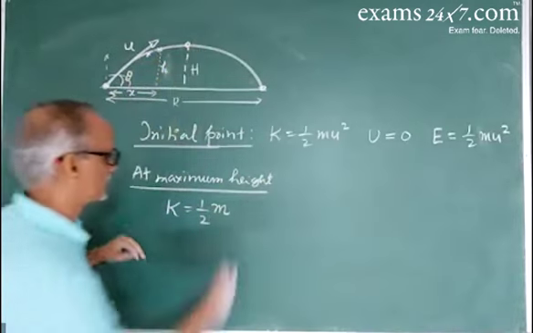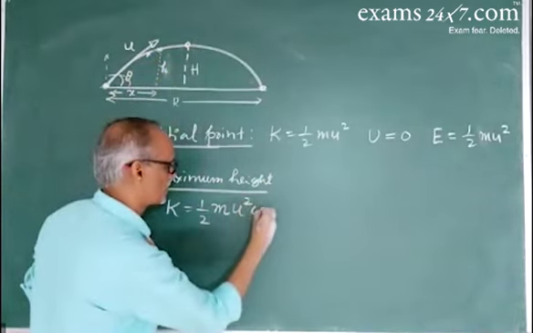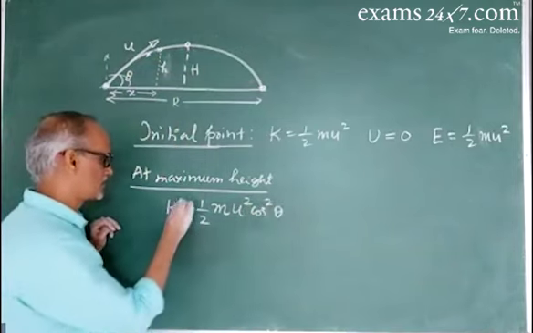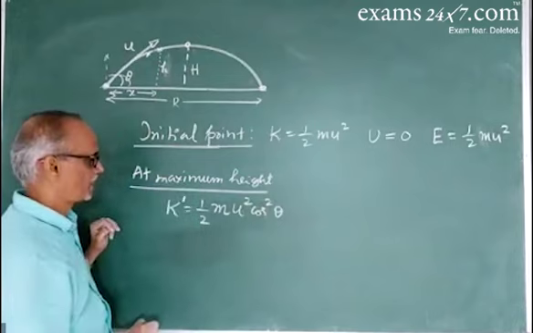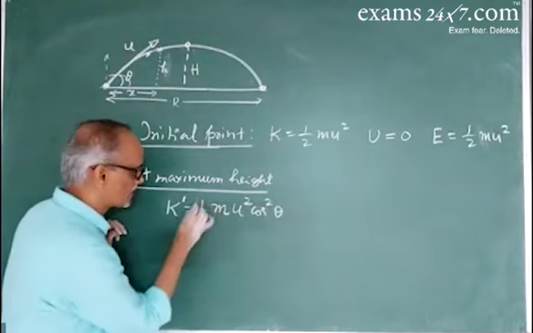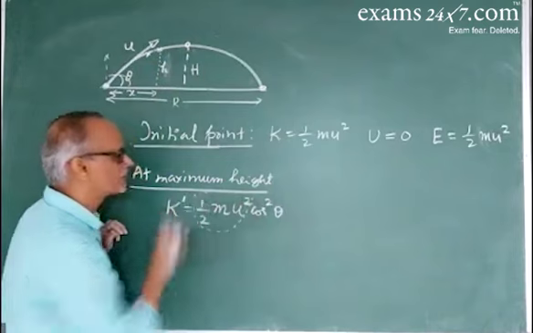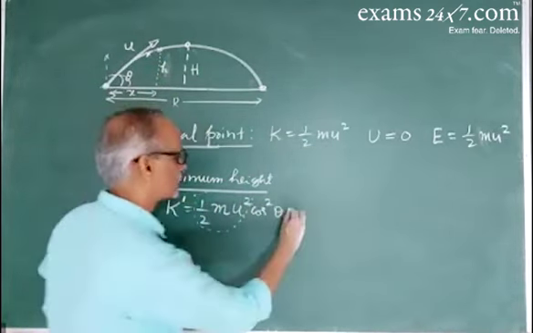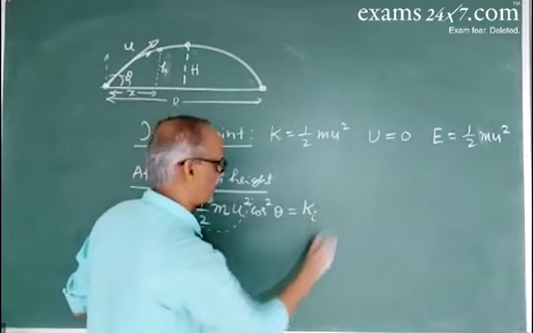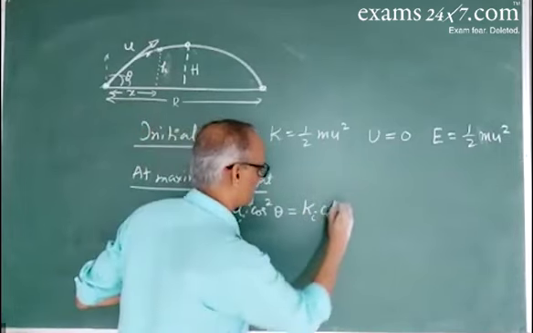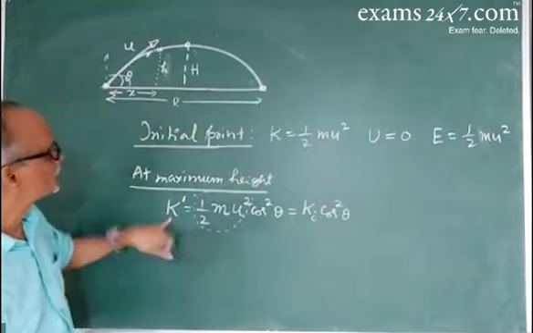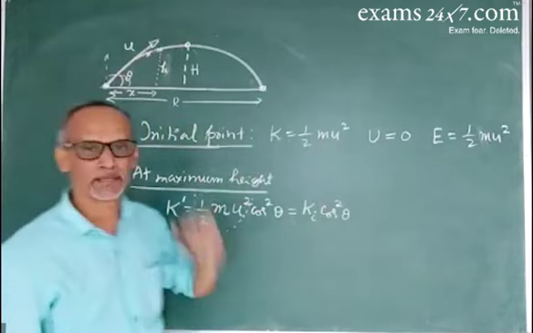So square of it, u square cos square theta. This is K dash. Out of which, half m u square is nothing but its initial kinetic energy. Therefore, I can even write it as Ki cos square theta. So this is how we can find the kinetic energy at the maximum height.